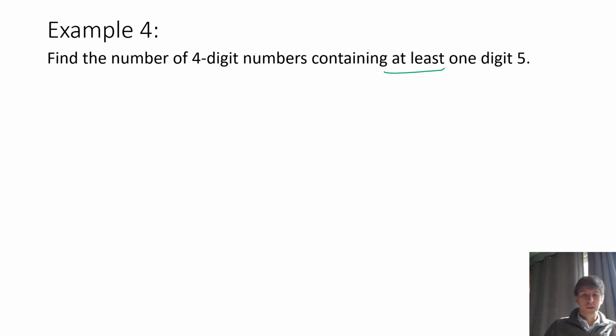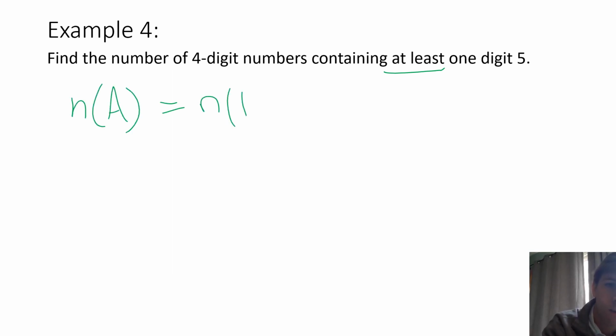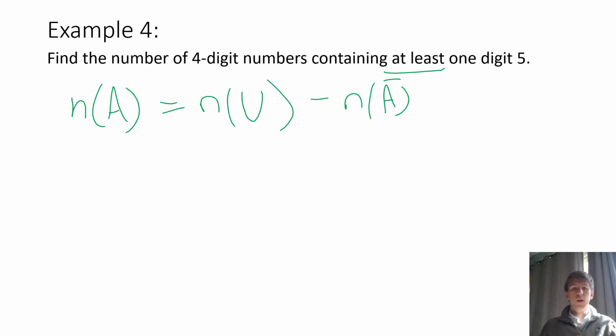Let's set it up. The complement principle, remember, is just the number in A. If the universal set is all possible 4-digit numbers, let's figure out that number right here.